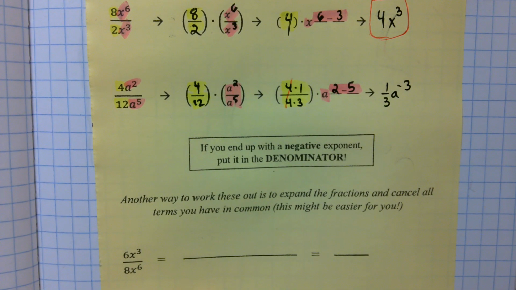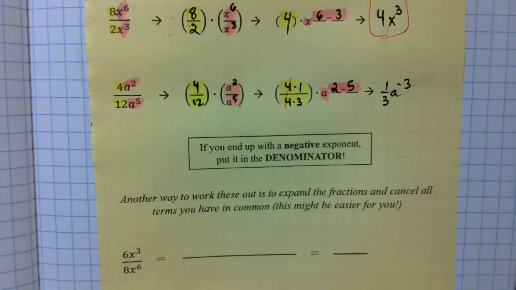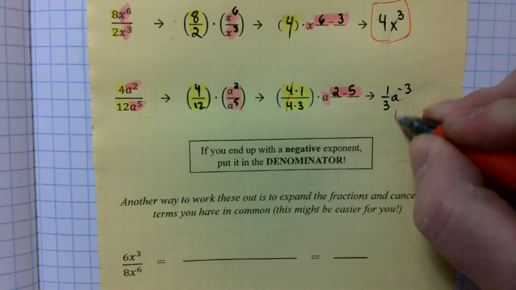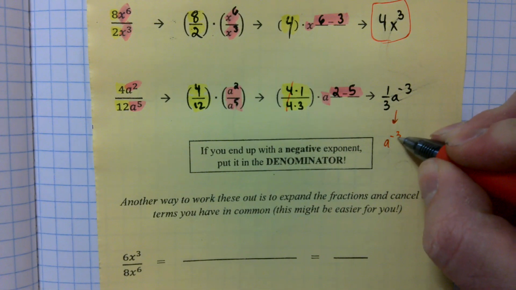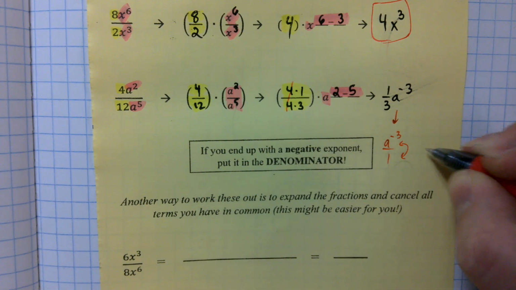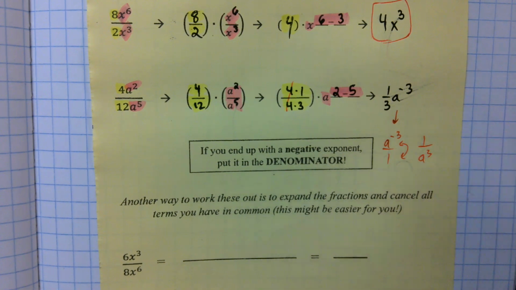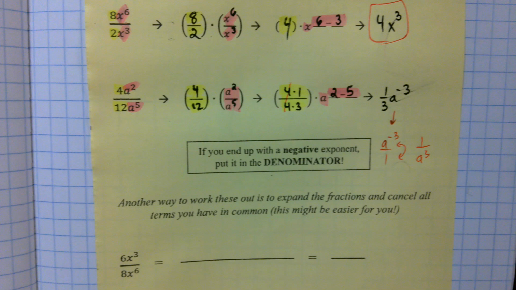No. Right? I still do not want negative exponents in my answer. So what can I do with this a to the negative third? I can make it into a positive. I'm going to put it over 1. I'm going to flip it around, and I'm going to make my exponent positive.